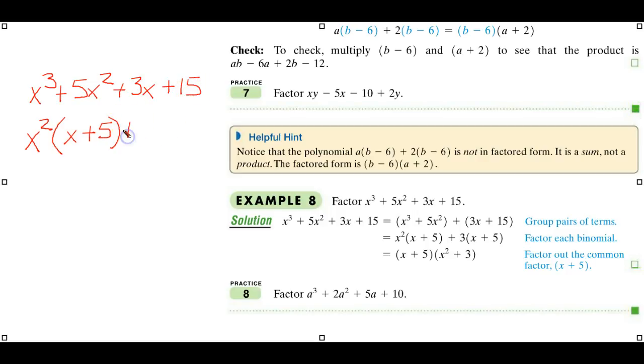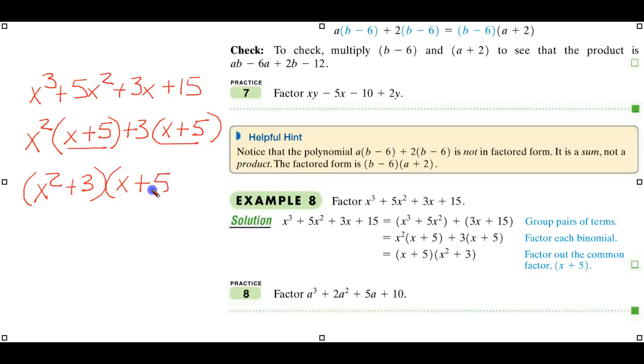Well, if we take out a 3, we get an x plus 5. And then there are our like terms, or like factors, x squared plus 3, x plus 5.